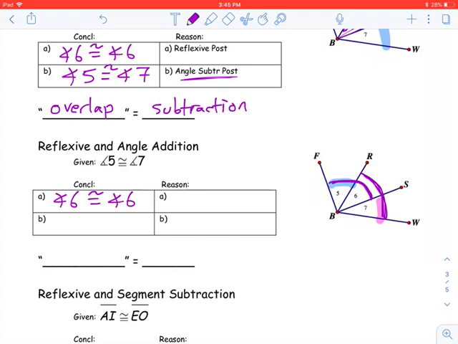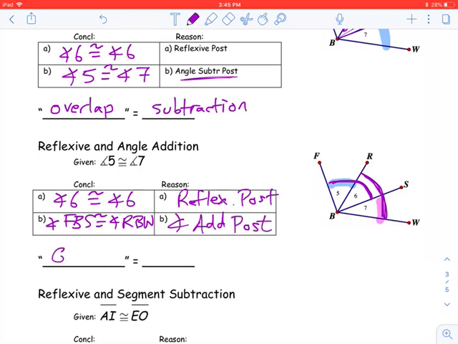So 6 is congruent to 6 by the reflexive property, or postulate. And then now we can go ahead and put them together and say angle FBS is congruent to angle RBW. And since we took that and added it on, that is the angle addition postulate. So again, gap means you're adding. Okay?